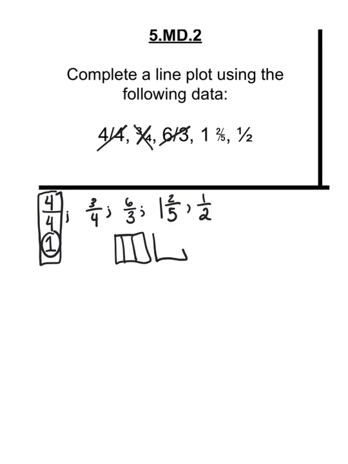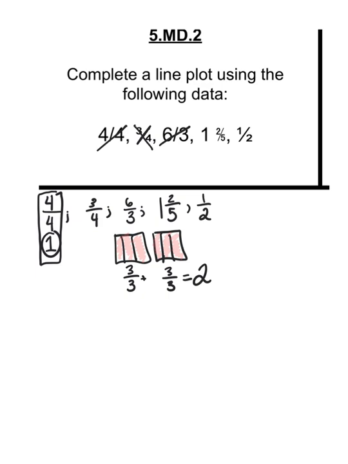If I show two groups of 3/3, here's 1/3, 2/3, 3/3, 4/3, 5/3, and 6/3. So 6/3 is the same as 3/3 plus 3/3, which is the same as 2 wholes.